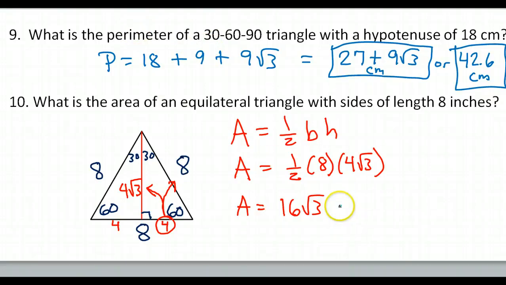And we had units of inches. Since we're talking about area, it is measured in square inches. So I will say 16 radical 3 inches squared.